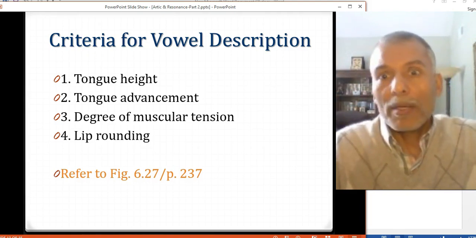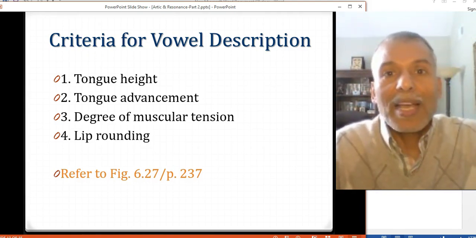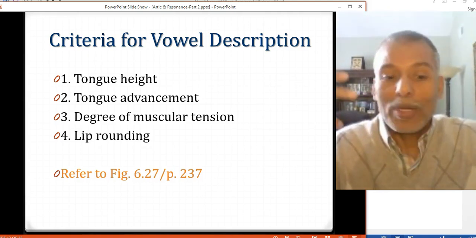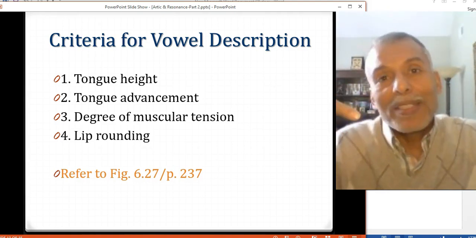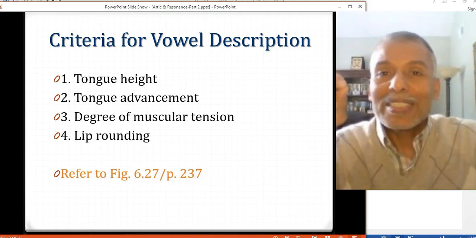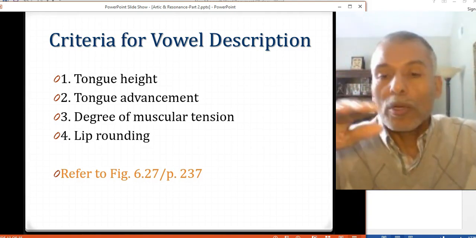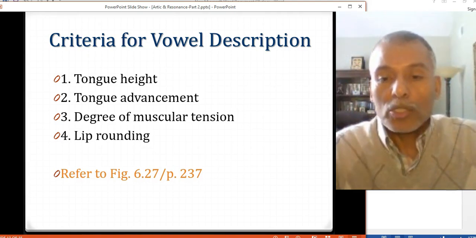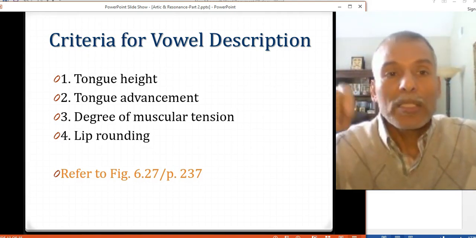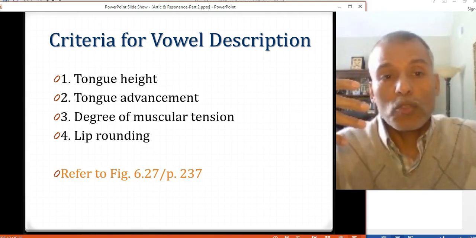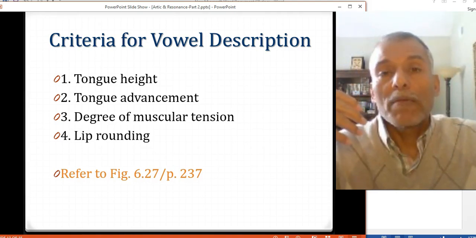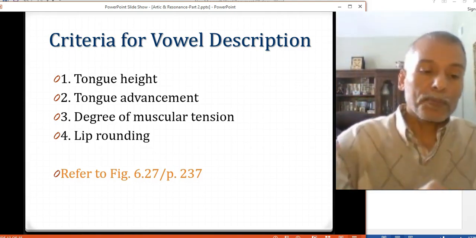Well, maybe another person, one of the Sarahs, has the same last name. Okay, then you need to add a middle name. So you keep adding distinguishing characteristics until you reach a level where when you say Sarah so-and-so, no one else is going to raise her hand except for that one. So each vowel is unique, and using the 4 characteristics to describe each individual vowel is going to make them very distinctive from each other.